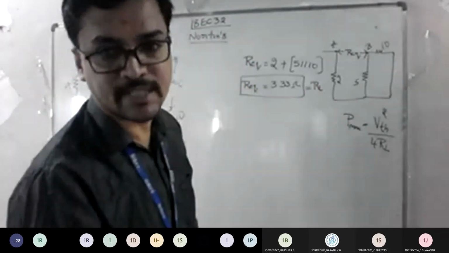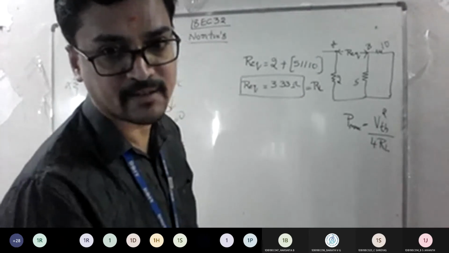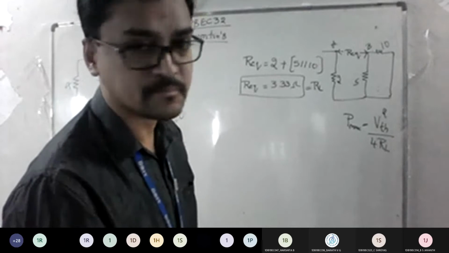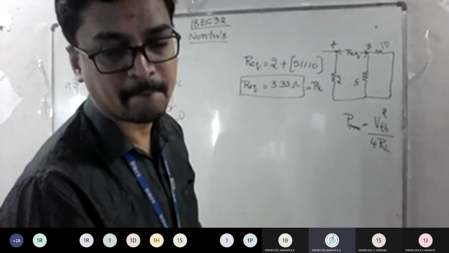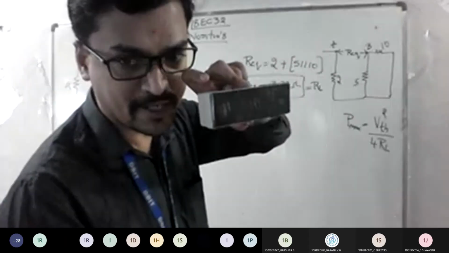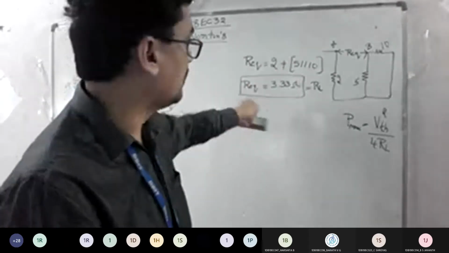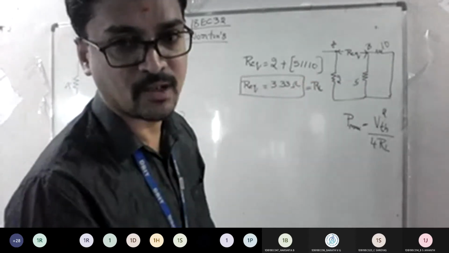Because nothing else is given for the load, I am going to treat RL itself as R equivalent. Is it fine? Yes, sir. So that itself is your R value. That is the first thing asked in the problem, right? You need to find the value of R. So R equivalent is equal to RL, equal to R. All are the same only.